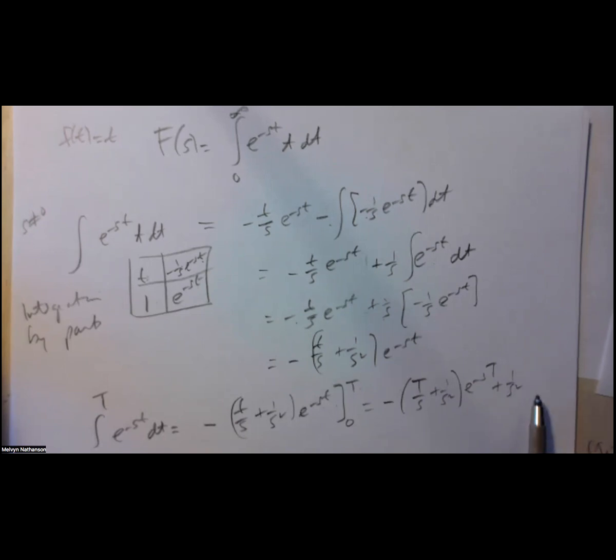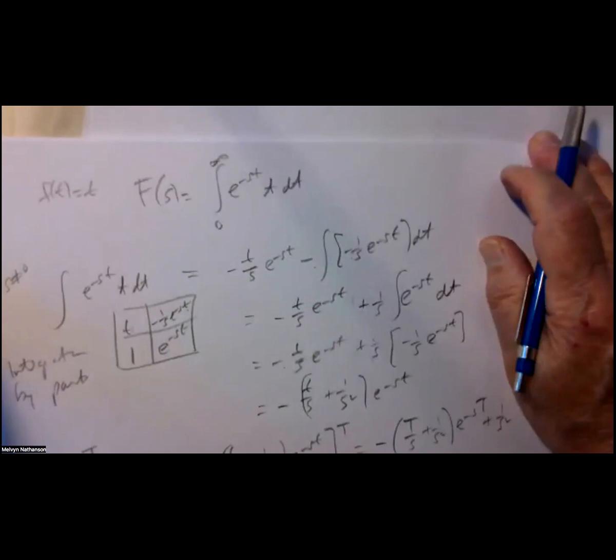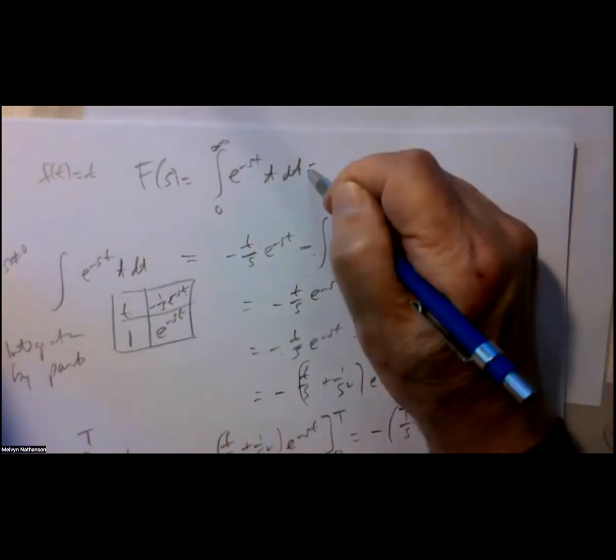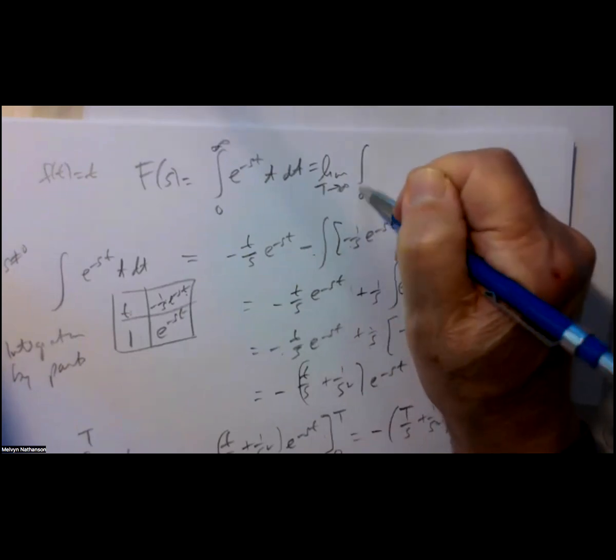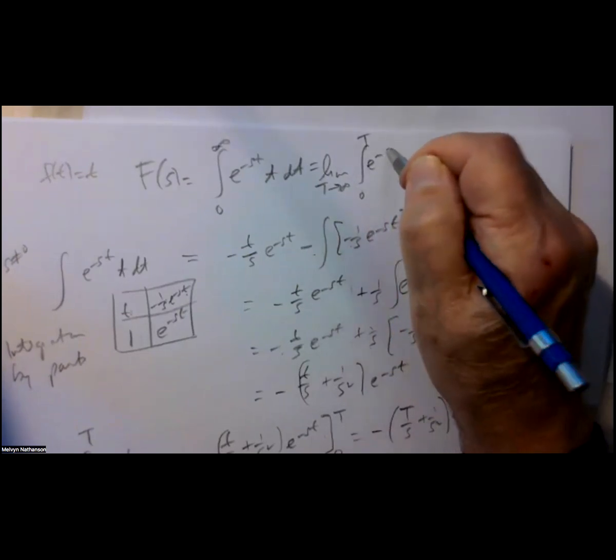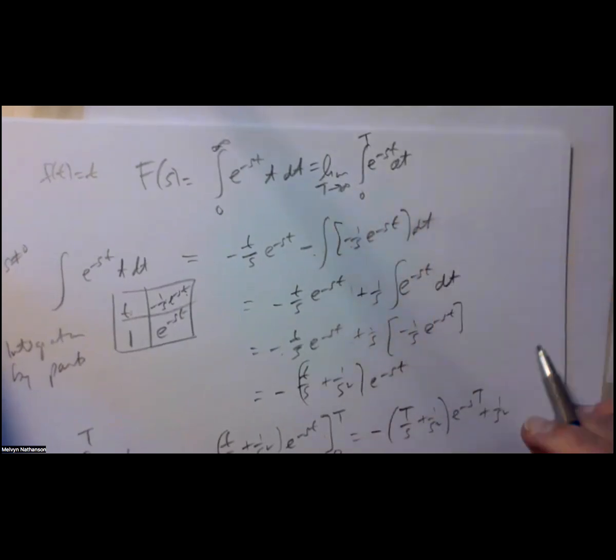And then I want to take the limit as capital T goes to infinity, because my Laplace transform is the limit as capital T goes to infinity of the integral from 0 to T of e to the minus st t dt.